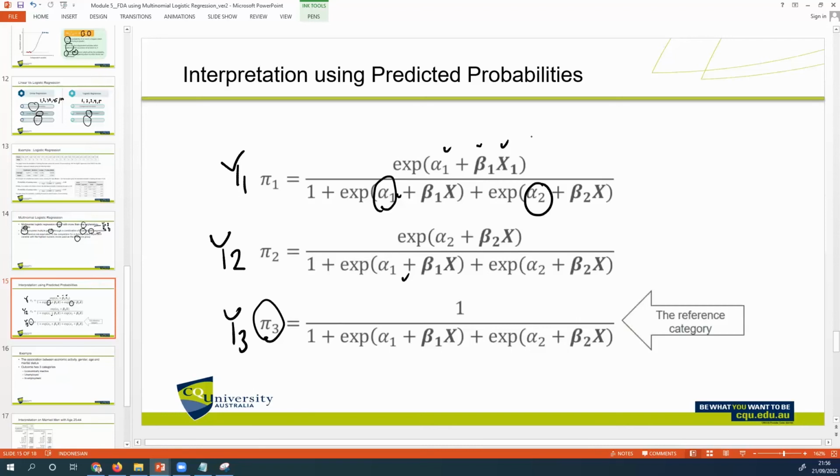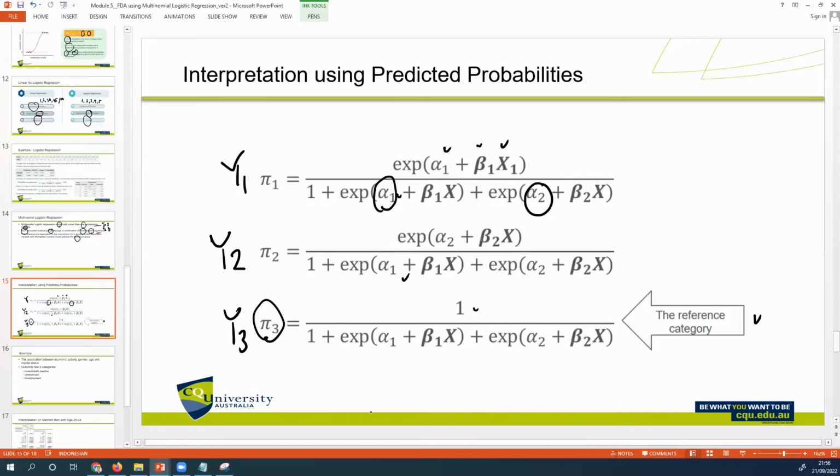This is the Y2. And Y3 is slightly different from the binary logistic. It is 1 divided by 1 plus exponential of constant 1 plus beta 1 x plus exponential of constant 2 plus beta 2 x, as the reference category.